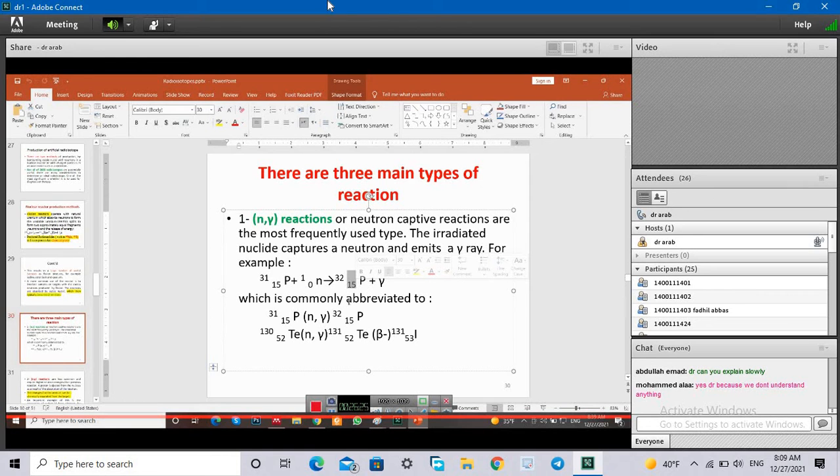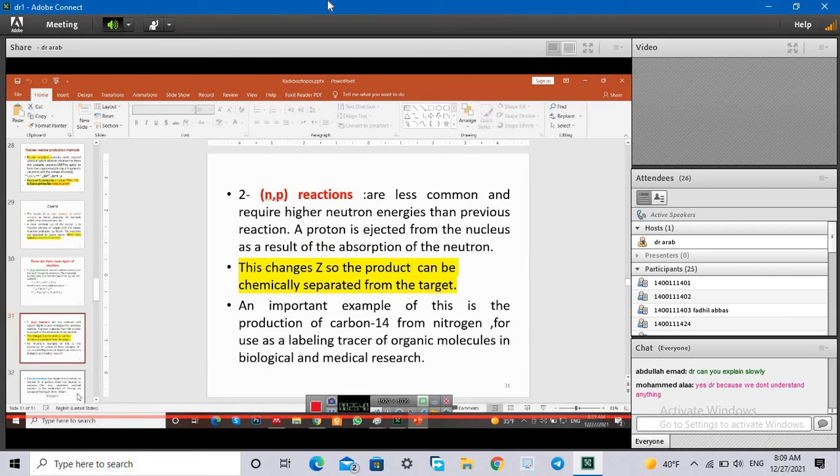So the produced radioactive daughter does not have high chemical purity, in contrast to fission.